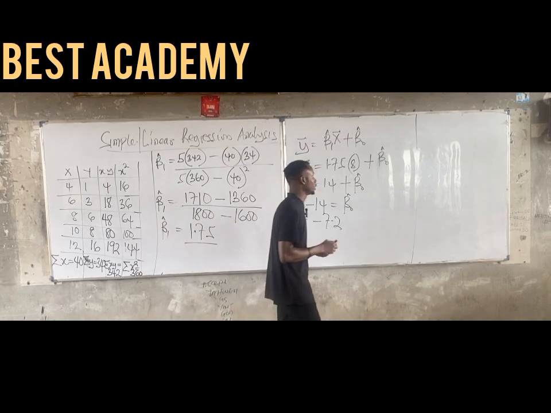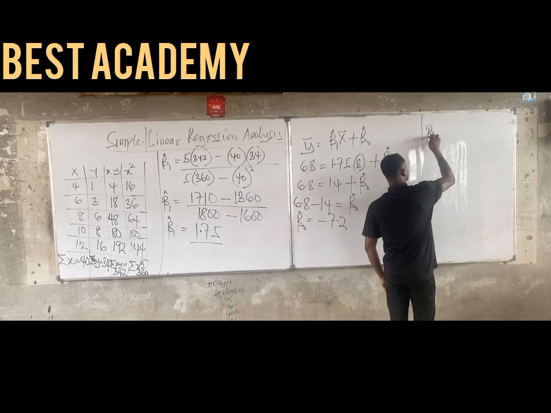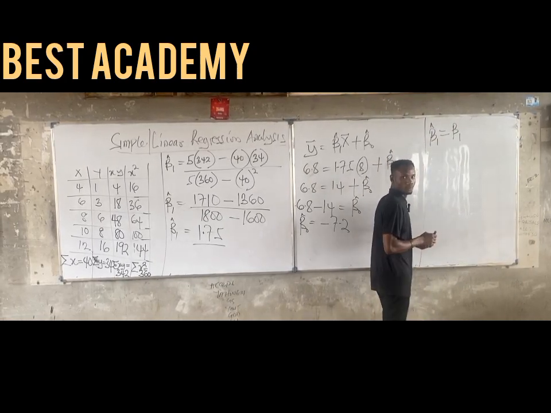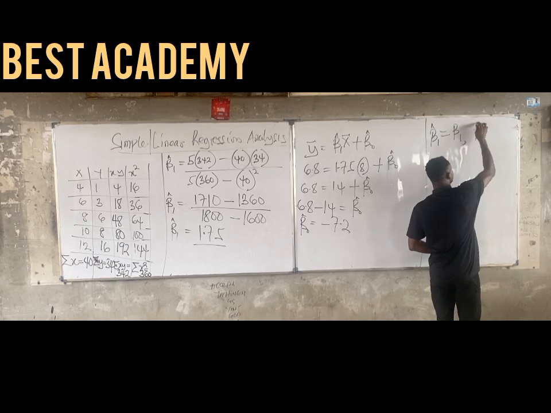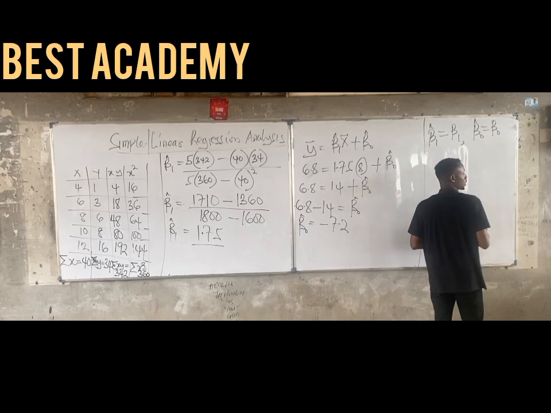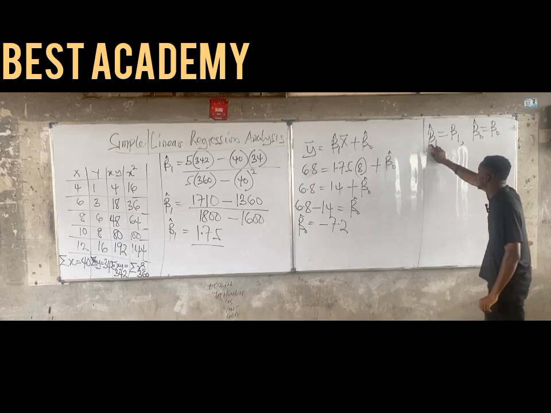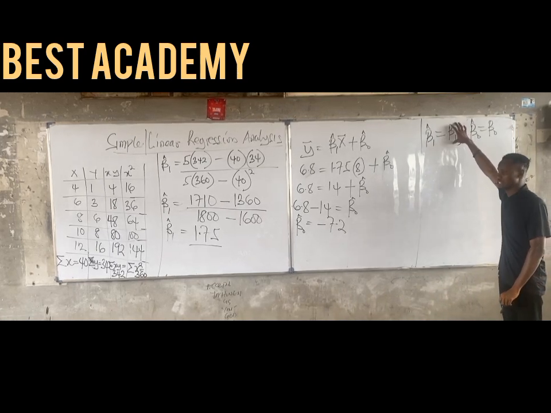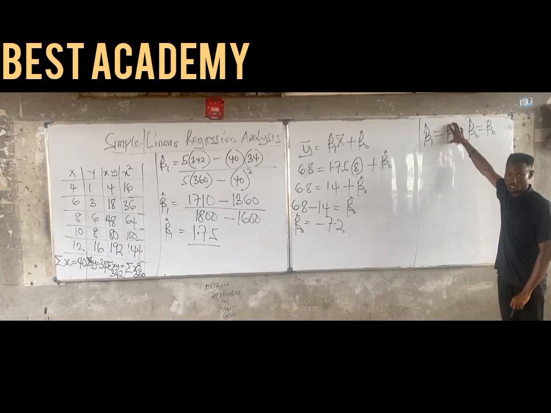Beta 1 hat is the same as beta 1, and beta not hat is the same as beta not. Anything you calculate for this one is said to be an estimation parameter, while this one is said to be a regression coefficient. Please take note.